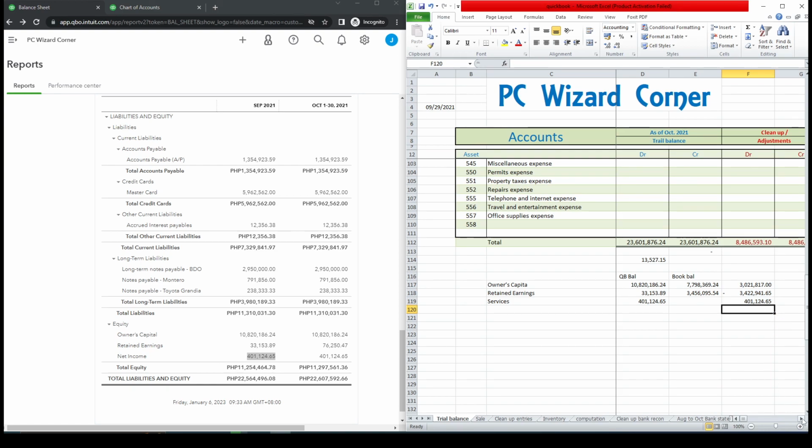Since this amount should be reflected here in QuickBooks, and the QuickBooks is greater than the book balance, let's debit this one.